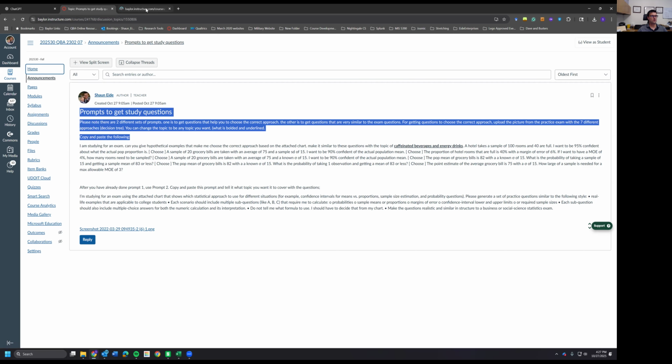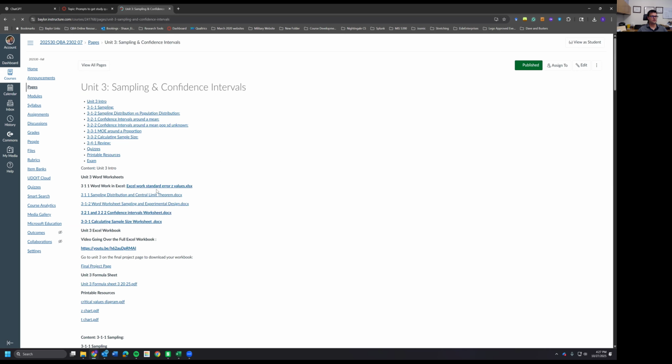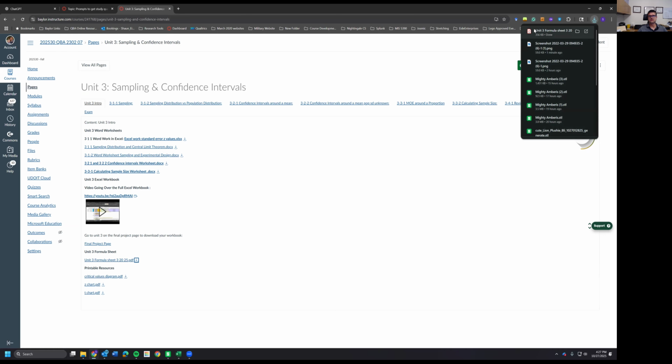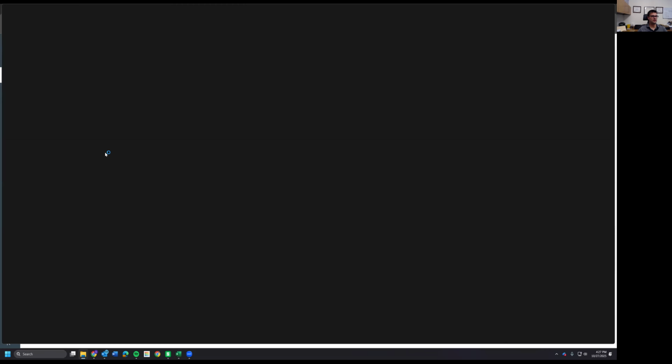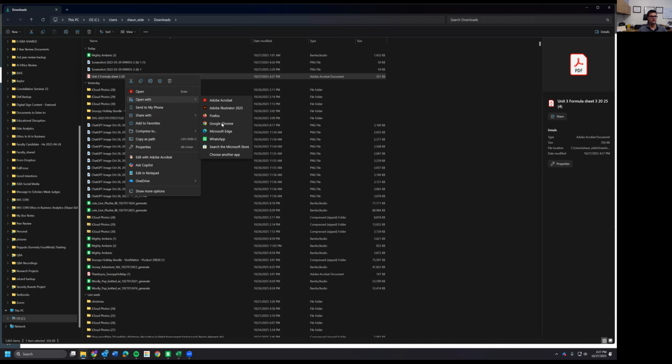So if you go to Home, we're going to go to Unit 3, and you can get the Unit 3 formula sheet right here, and you can download it and open it up. I'm going to open it up with Chrome.